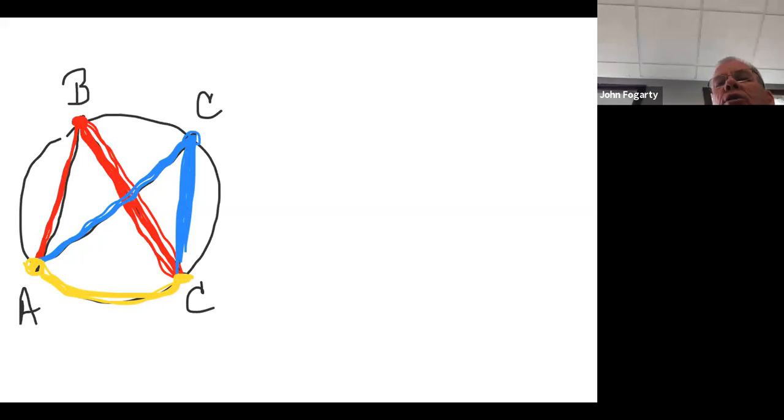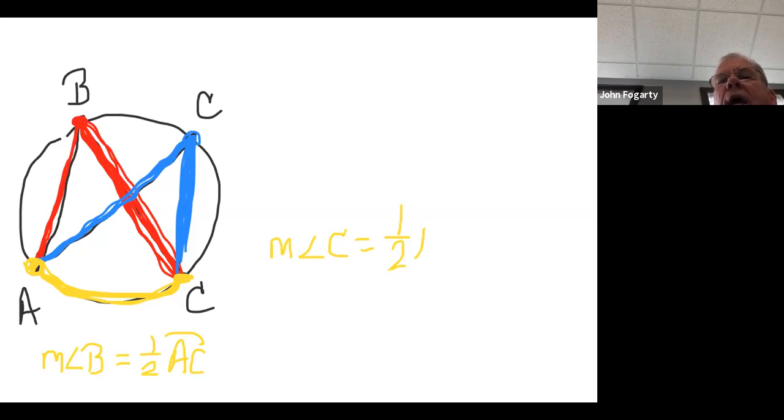Angle B and angle C are both inscribed angles, and they both cut the same arc. So here's what I know. The measure of angle B is 1/2 arc AC. And I know the measure of angle C is 1/2 AC.